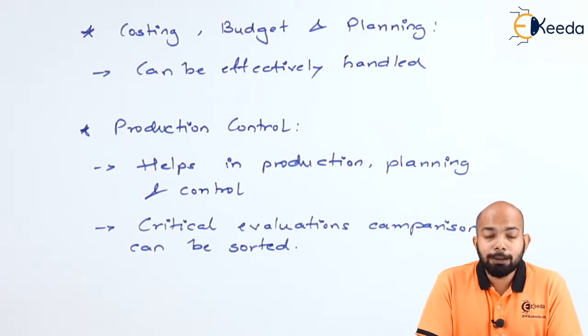But imagine if the same kind of thing has to be done for a big organization like Tata, like Maruti Suzuki, like any other big company such as Reliance. So we need to understand that costing, budgeting and planning need a bigger comprehensive system which can take in different parameters, because for you as an individual the parameters might be less, but for a company like Reliance or Tata, the parameters might be huge or enormous.